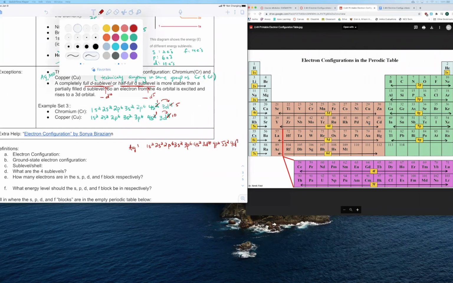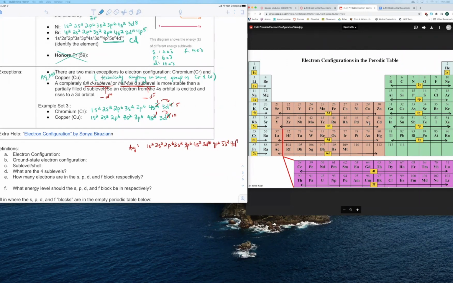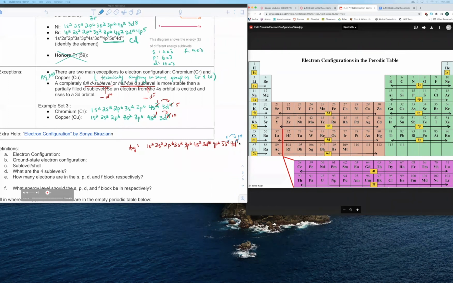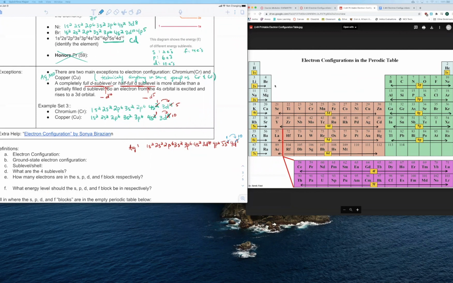Same thing would happen. One of your s electrons will leave so that you could have a filled sublevel, 4d10. Okay, so these are your two exceptions, but basically everything else, you can just follow the order of the electron configuration table and then you should be good.